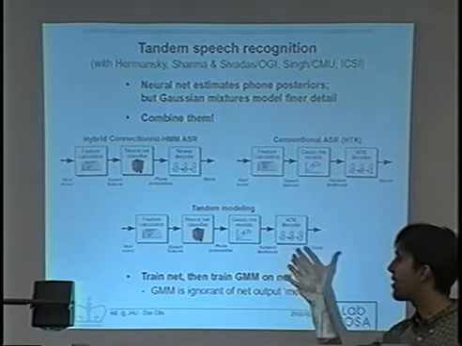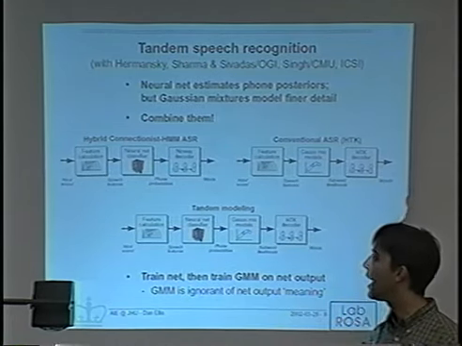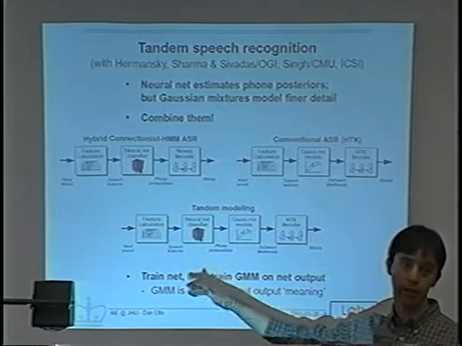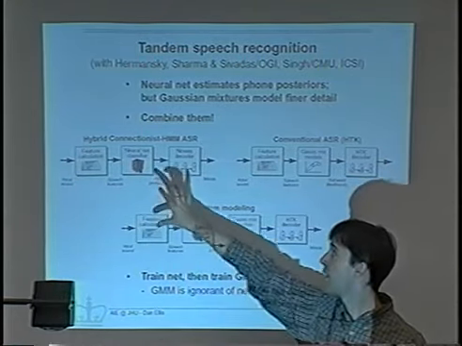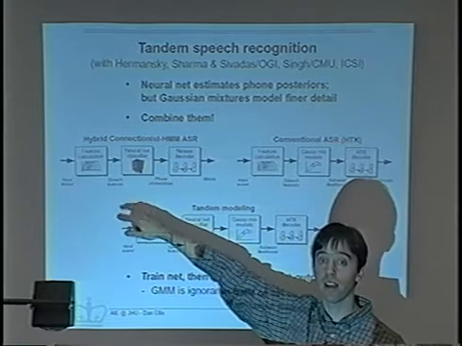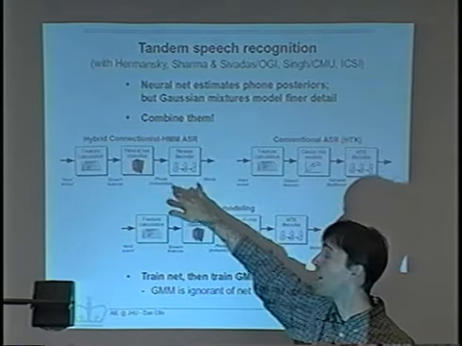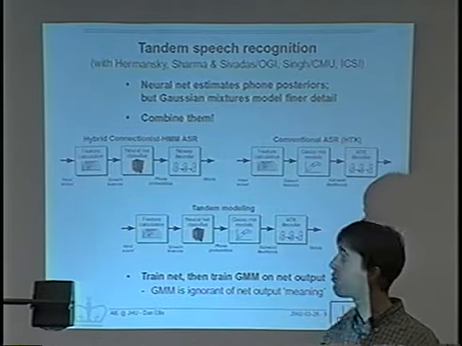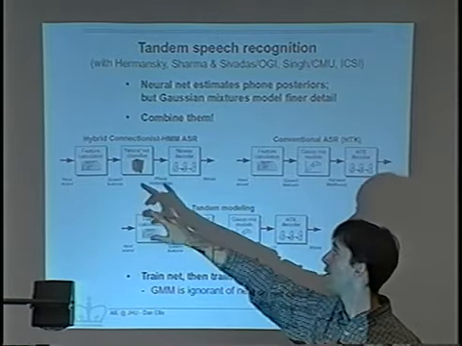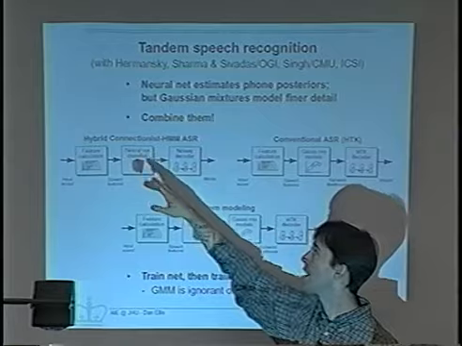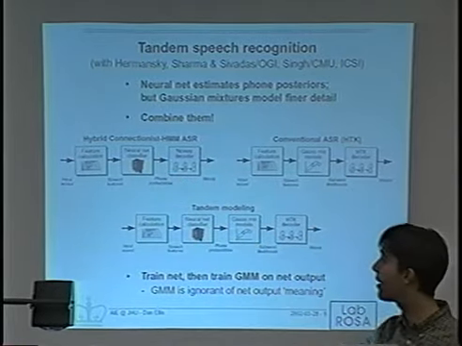So if you have the system, you have the question of how you do the training. And we basically did it in the most simplistic way possible, which is completely disjoint. We first build one of these systems. We train the neural network the way we would if we were going to use this decoder. So basically that's just backpropagation with hard labels, Viterbi labels, training the net to discriminate between the different monophone classes.